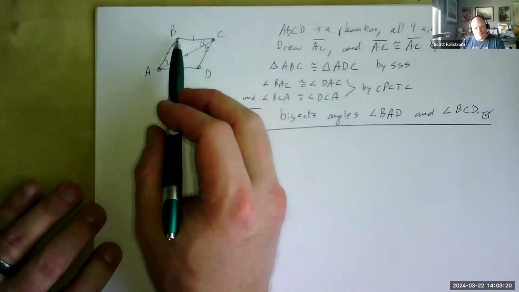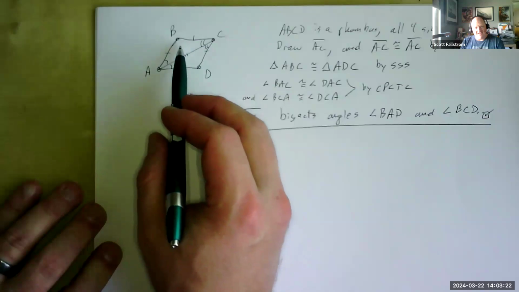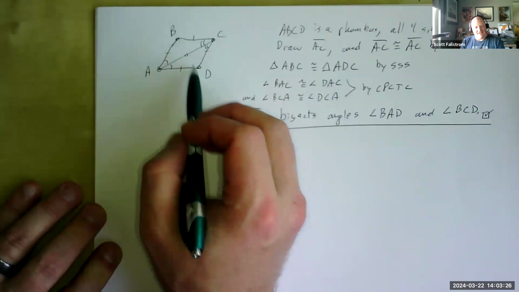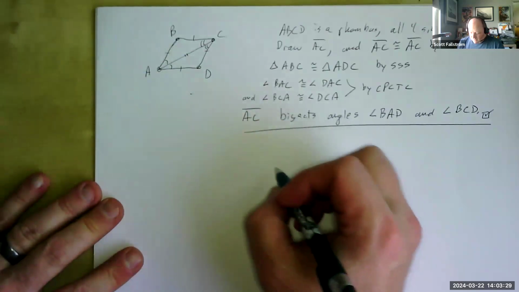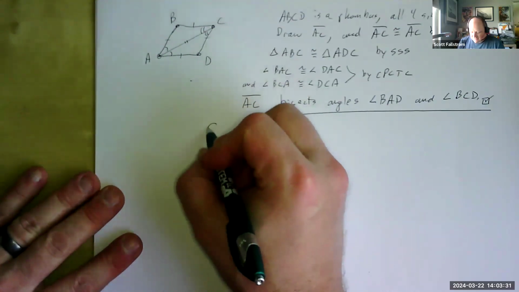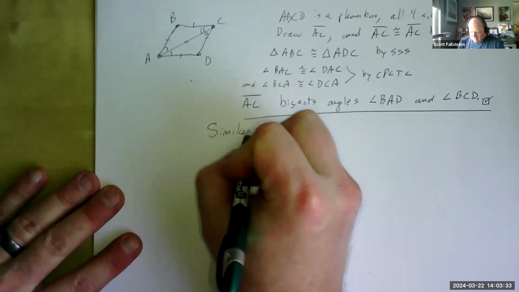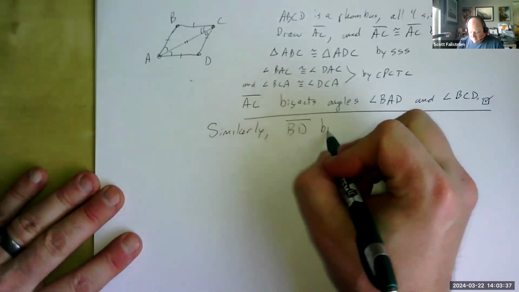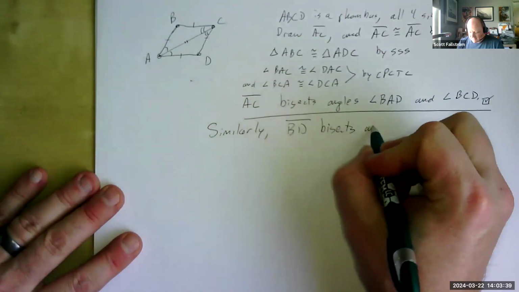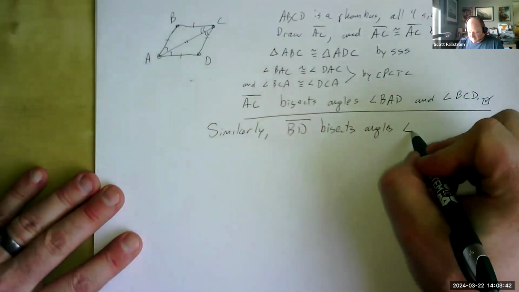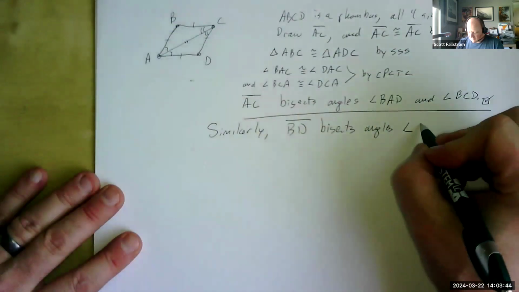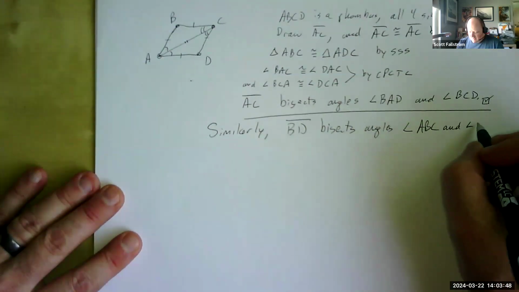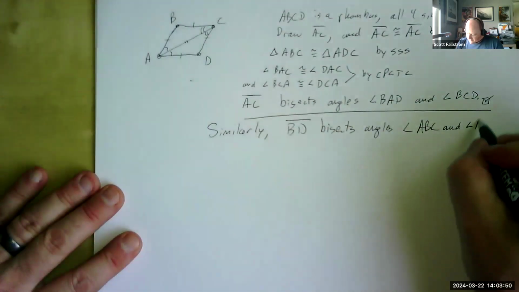I could have drawn in diagonal BD and then created triangles BAD and BCD and made the exact same argument. So what we will say is, similarly, BD bisects angles ABC and ADC.